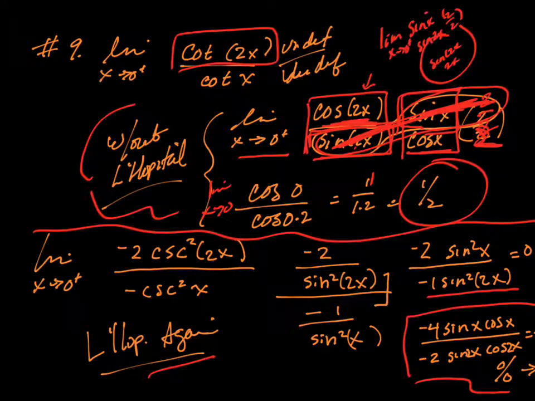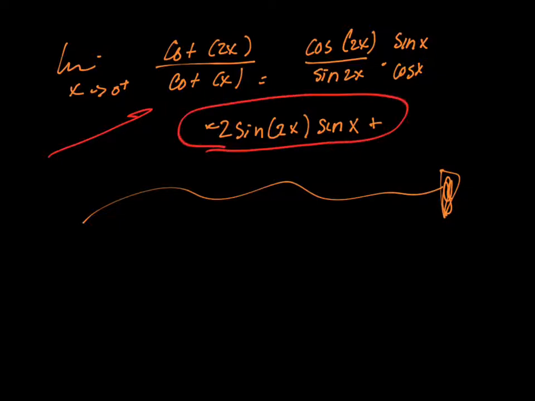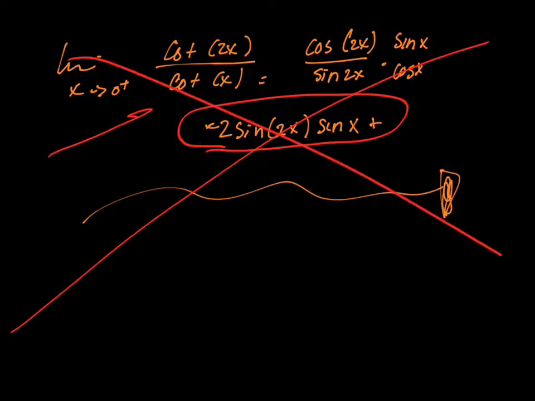I'm using product rule, get 0 over 0. So I went here and I was like, oh my God, maybe I could simplify it first. But you can't. Look what you get. The minute you try to rewrite it with sines and cosines, you get product rule again. So man, I would not do that using L'Hopital's. I would do it the way I showed you, using those tricks with the theorems that the limit of cosine x over x is 1.